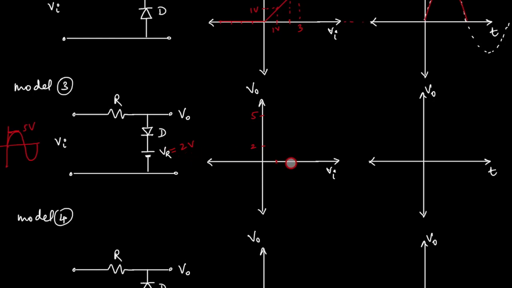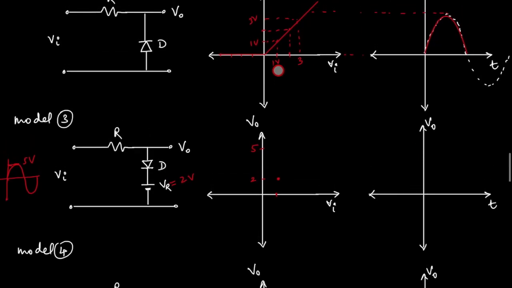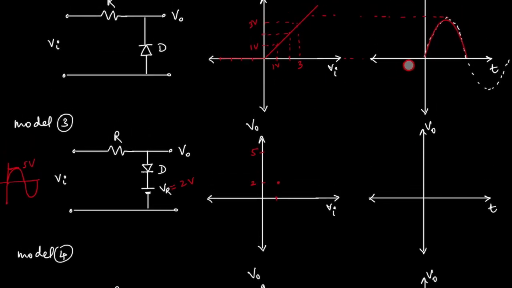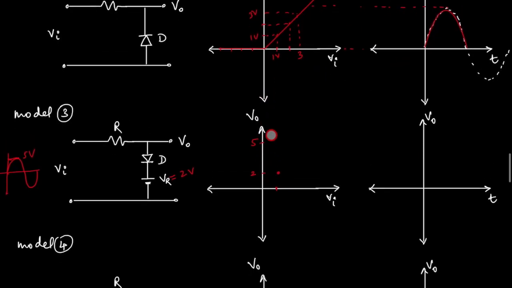Plus 2 means this is plus 2, this is minus 2, this is plus 2 at output, and this is minus 2 at output. So plus 2 means we mark both in the positive direction. This is positive vi, this is positive v naught, so we mark it. So this is our point. Earlier our point was at the origin. Now that origin point has moved, so this is a trick.